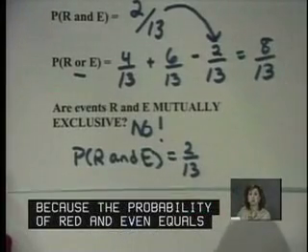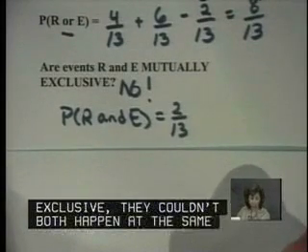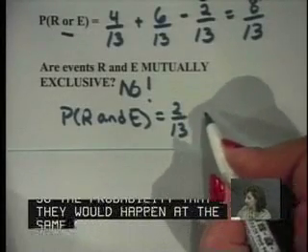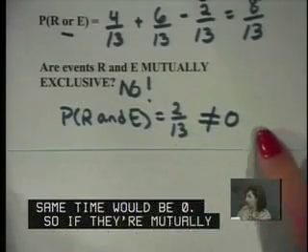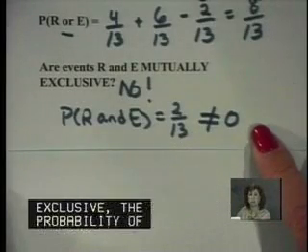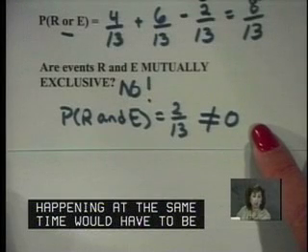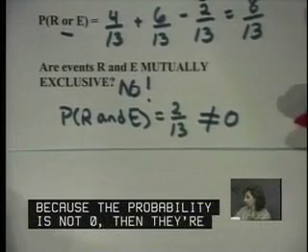If they were mutually exclusive, they couldn't both happen at the same time. So the probability that they would happen at the same time would be 0. So if they're mutually exclusive, the probability of both happening at the same time would have to be 0. Because the probability is not 0, then they're not mutually exclusive.